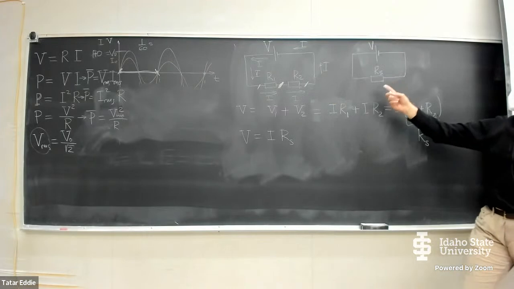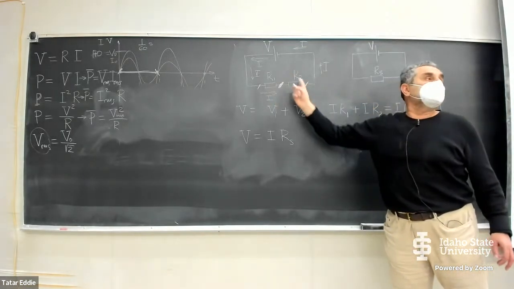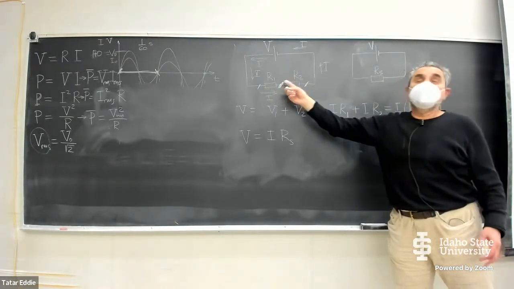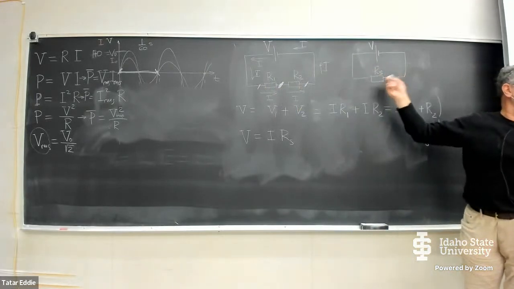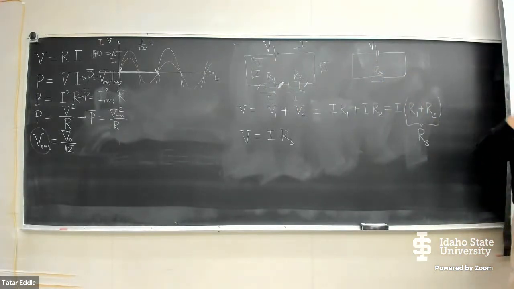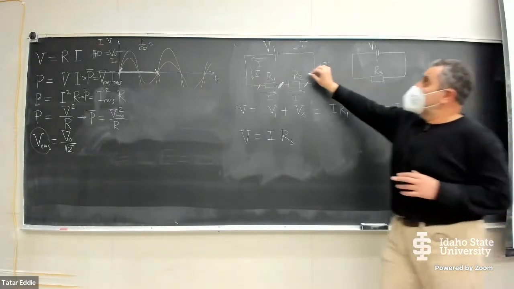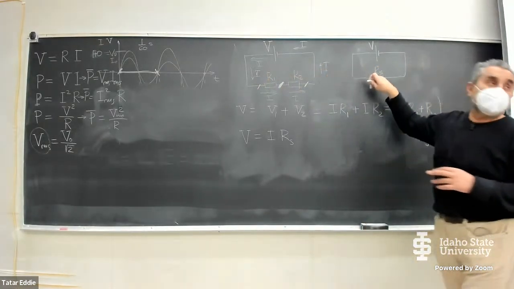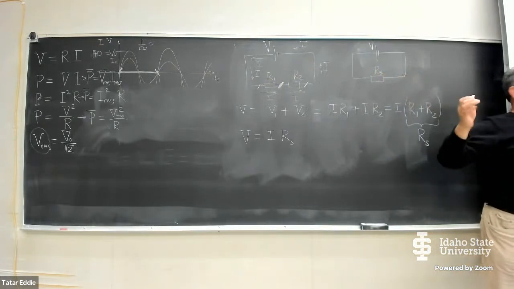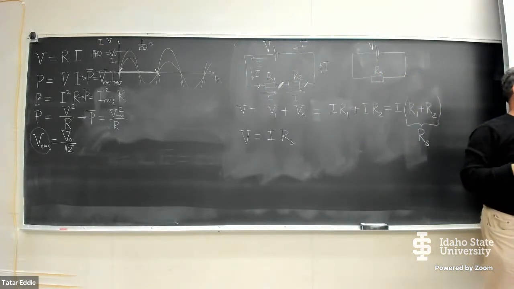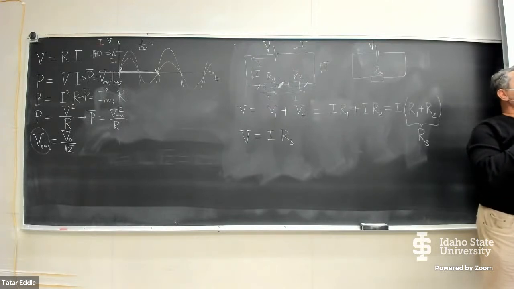In other words, the sum of the two resistors behaves like a single resistor with resistance RS if they're connected in series. So two resistors connected in series always can be replaced with a single resistor with value equal to the sum of the resistances, but only if they are connected in series.